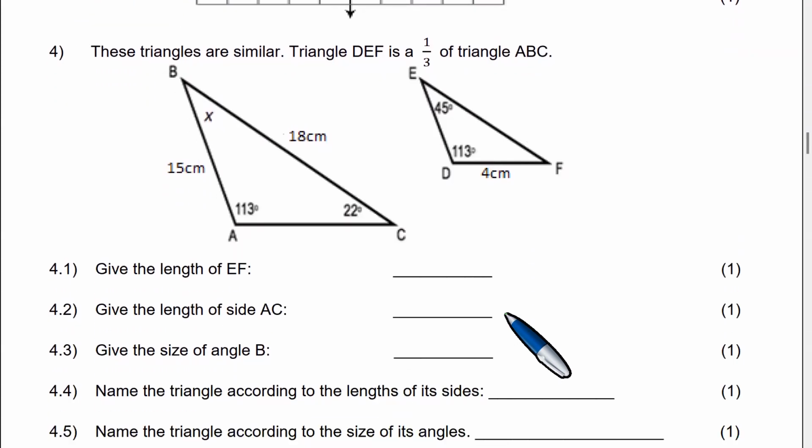Let's look at question 4. These triangles are similar. Triangle DEF is 1/3 of triangle ABC. Give the length of EF. What's the answer?